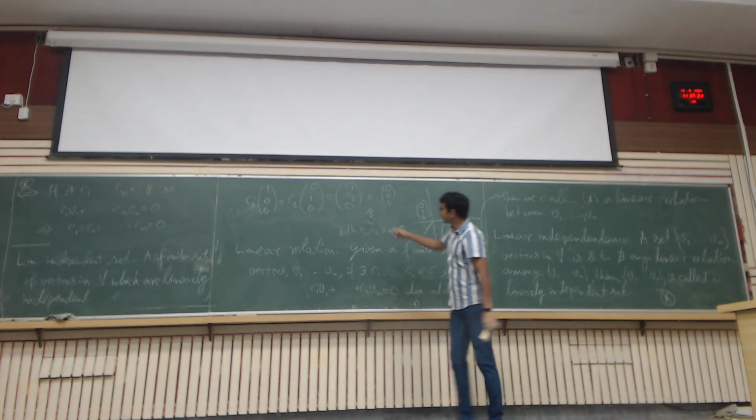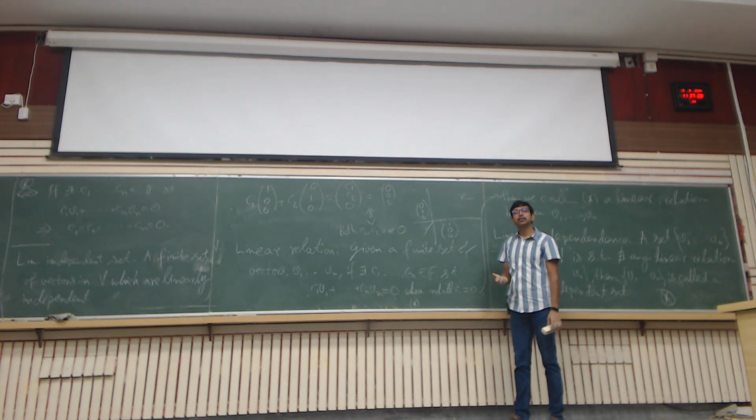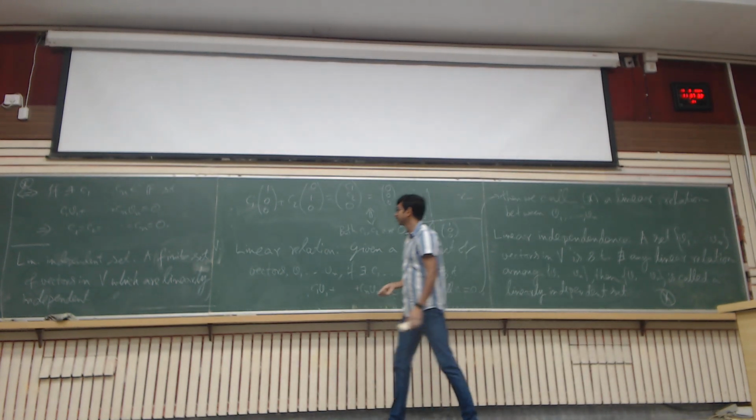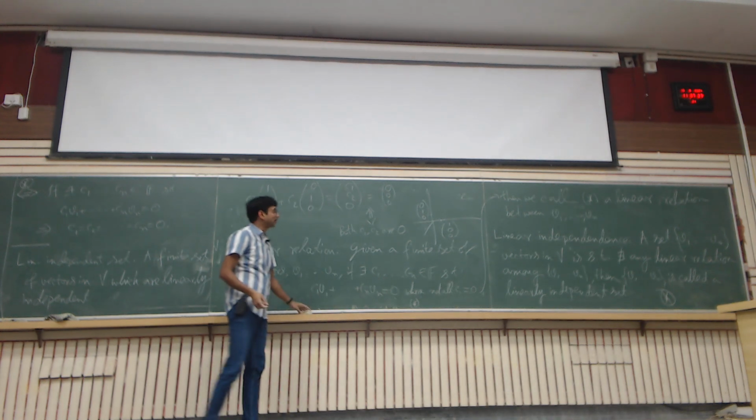Not only here, if you take a pair of... give me a 3 cross 3 invertible matrix. Any invertible matrix, please. Well, identity is a trivial thing.